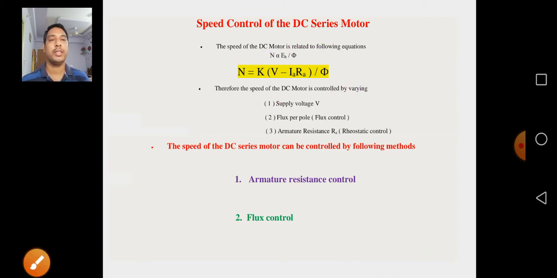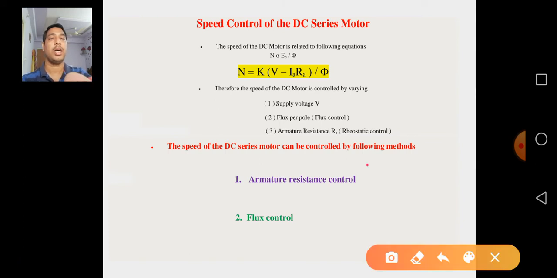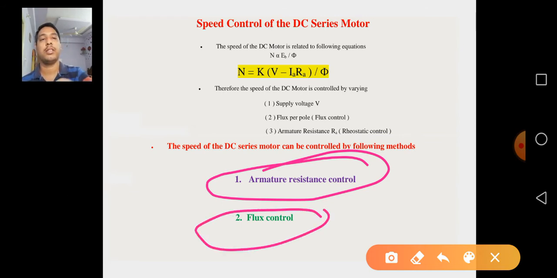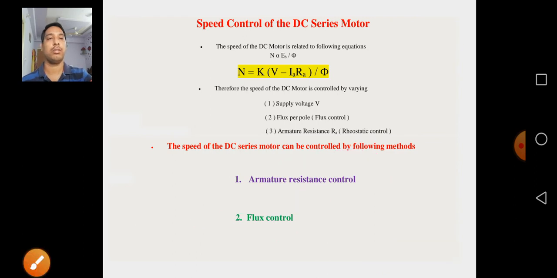Here basically we have two different methods to control the speed of the DC motor. One is what I am calling the armature resistance control method, and the second is the flux control method.